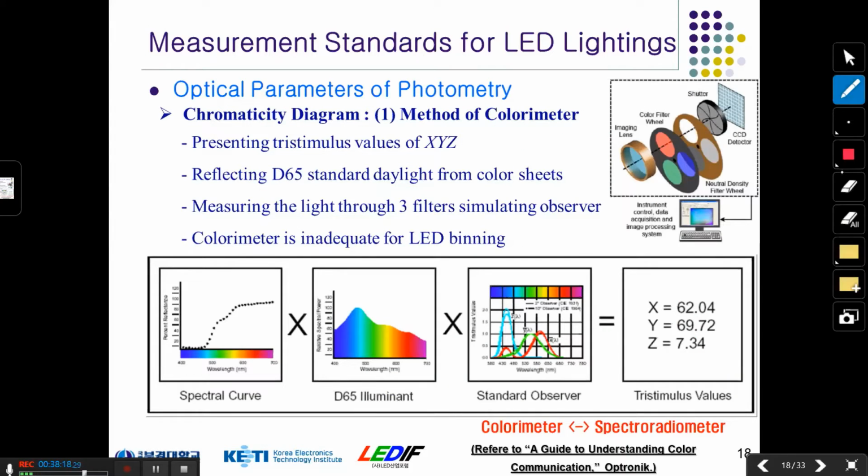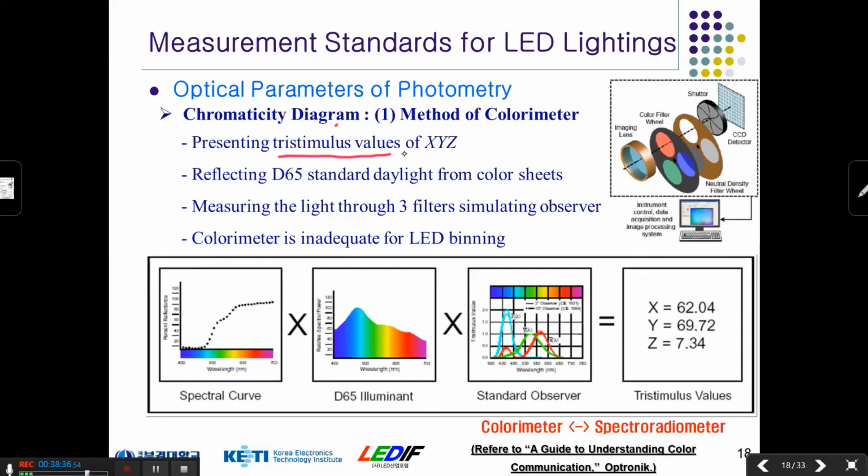From this slide, most parameters of photometry are derived from a chromaticity diagram, that is, color coordinates. Chromaticity diagram can be derived with tri-stimulus values of X, Y, Z. The values are multiplicative of LED spectra, D illuminant spectra, and three spectra of standard observer, x bar, y bar, and z bar.